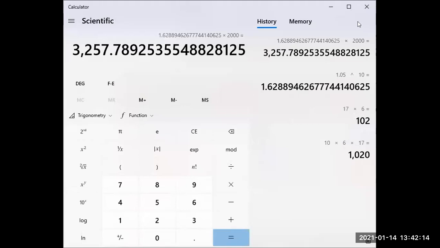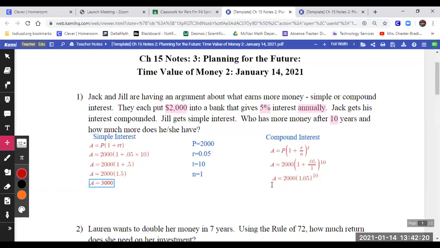Yes. Okay. Let me switch back. So in my text box, my accumulation is equal to 3257.79, right? Okay, so now we look at what they asked us. We got calculations done.